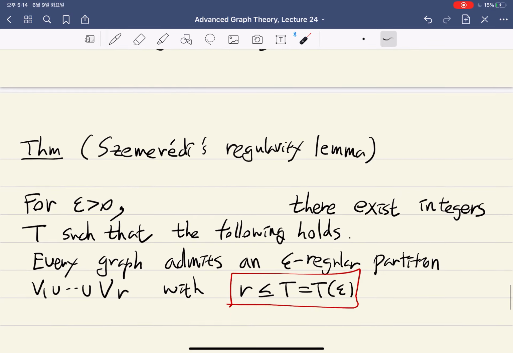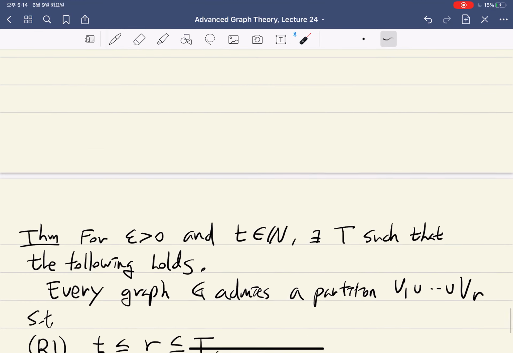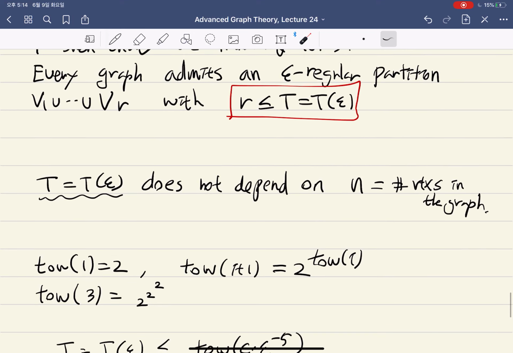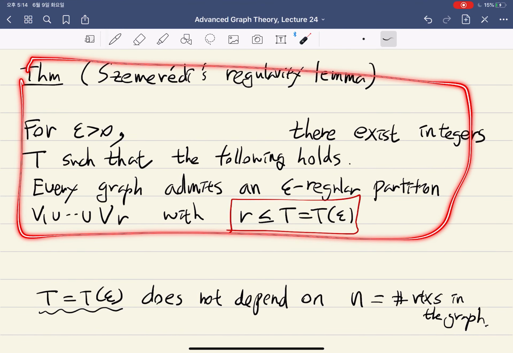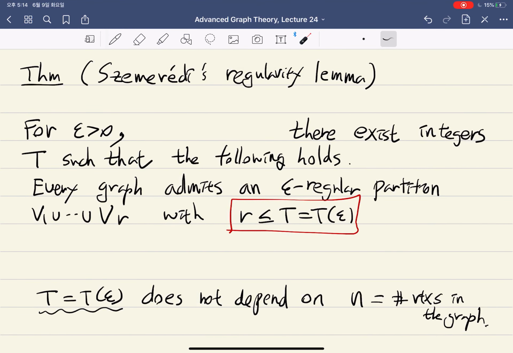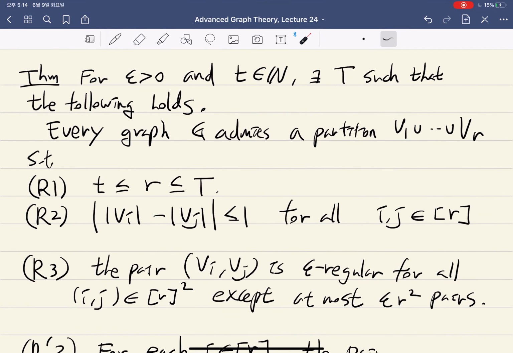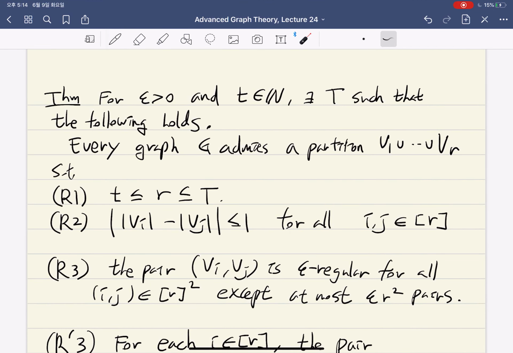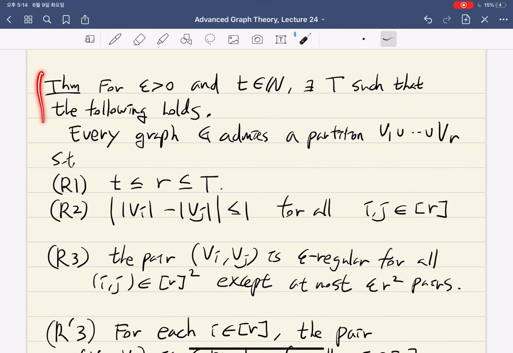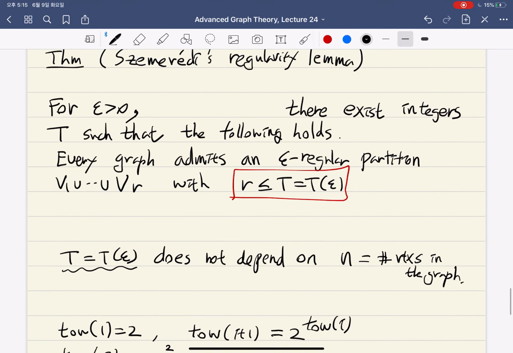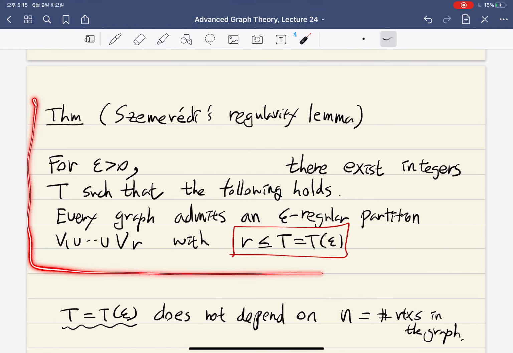So, roughly, I will explain how we deduce this version from the version above. This is what we want to get. Then we take epsilon prime, which is much smaller than epsilon. We can take epsilon squared or epsilon over 1000, and we apply this version of the regularity lemma with epsilon prime.